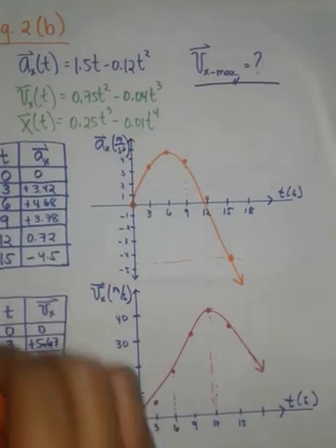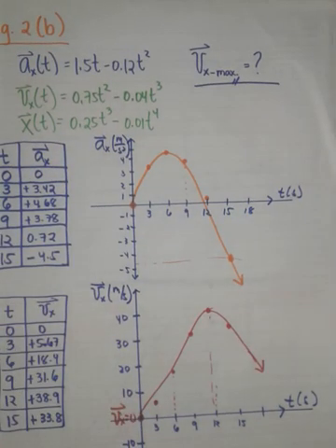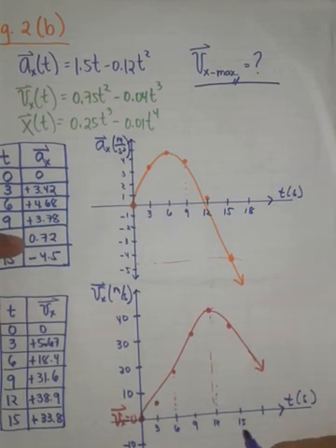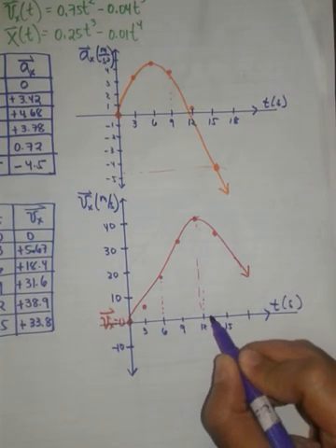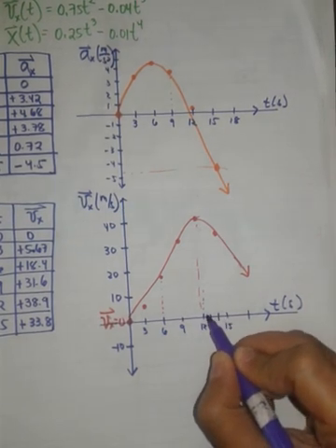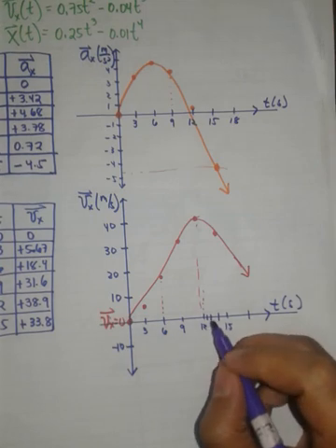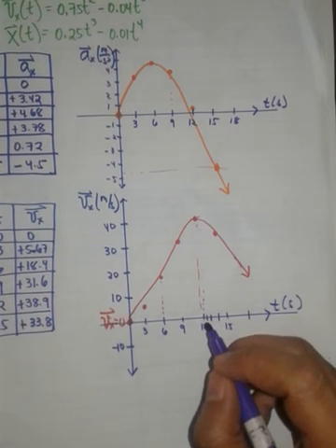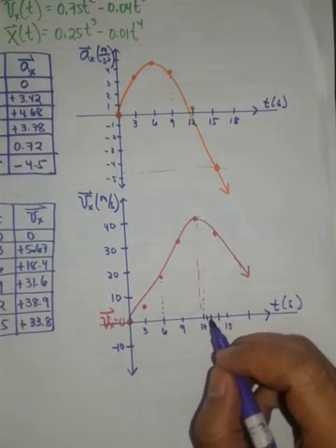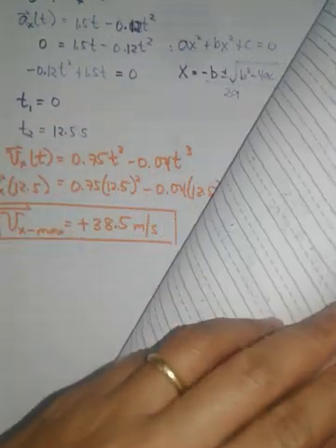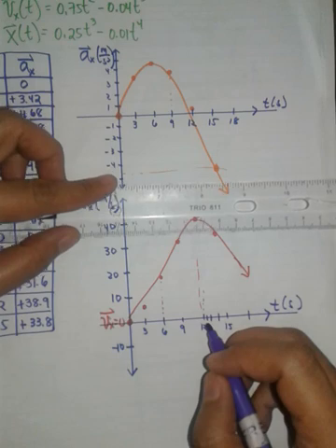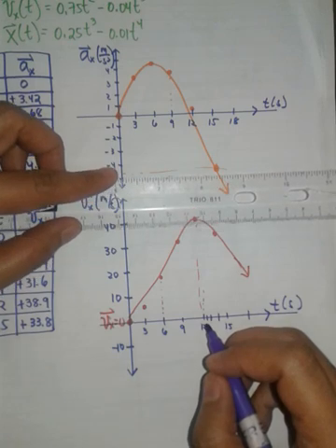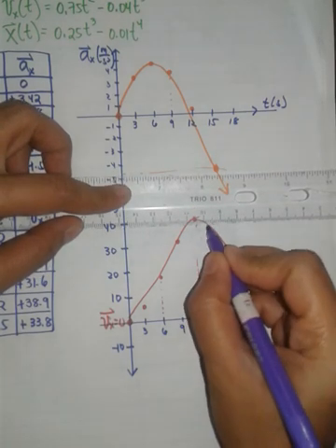So, in our graph here, if we put this completely, when time is 12.5, yan. So, if this is 13, 14, 12.5 is somewhere here. And then, I'll have to go 38 point, ano nga yung answer natin? 38.5. So, 38.5 is somewhere here.